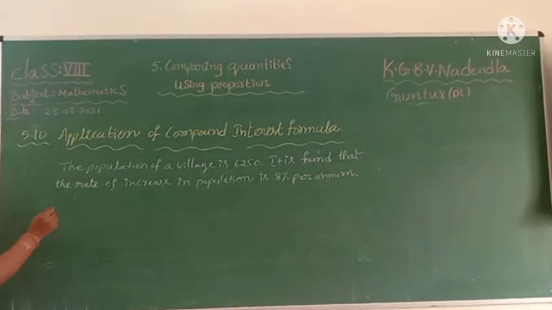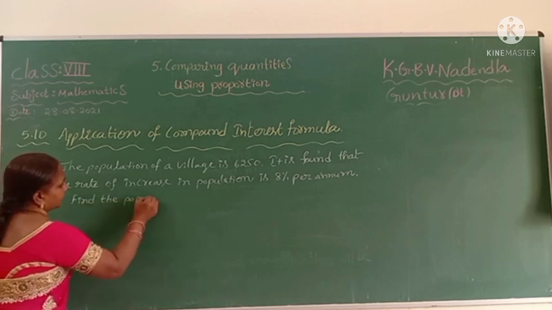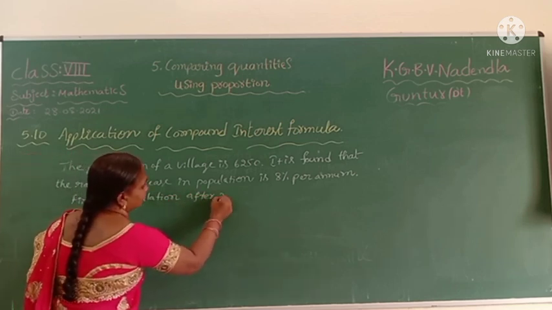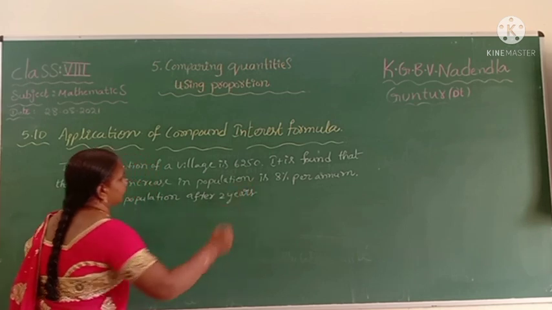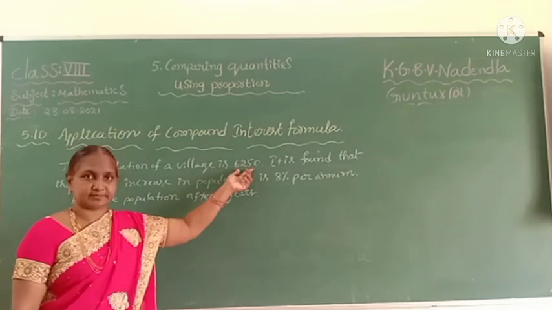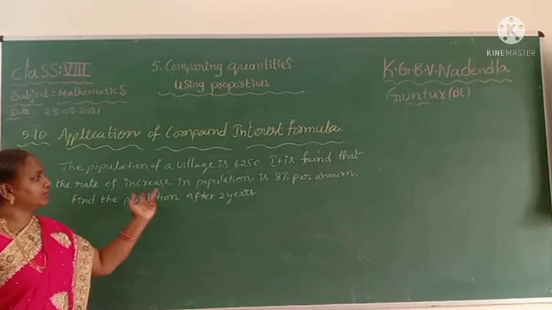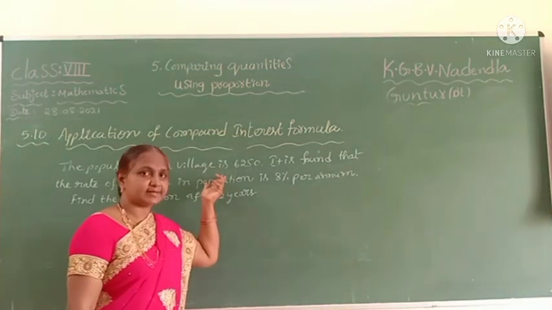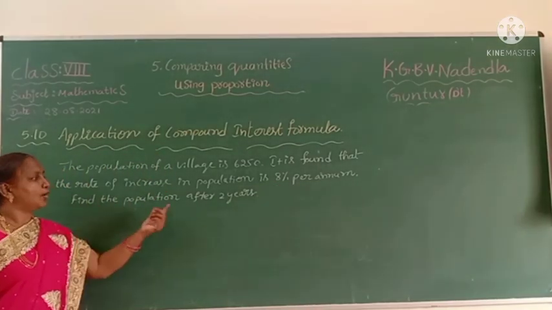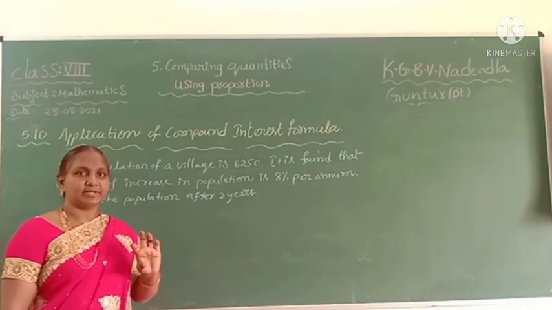Find the population after 2 years. Here the population of a village is given, that is 6,250. It is found that the rate of increase in population is given as an increase percent, that is 8%. He wants to find the population after 2 years by using compound interest.